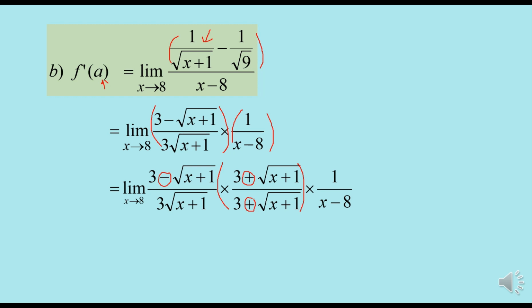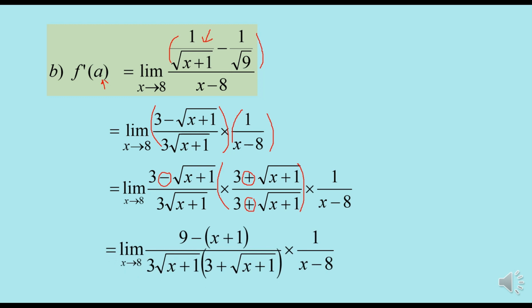Okay, then we simplify. For this expression, a squared minus b squared equals a minus b multiplied with a plus b. So here we get 9 minus x plus 1.